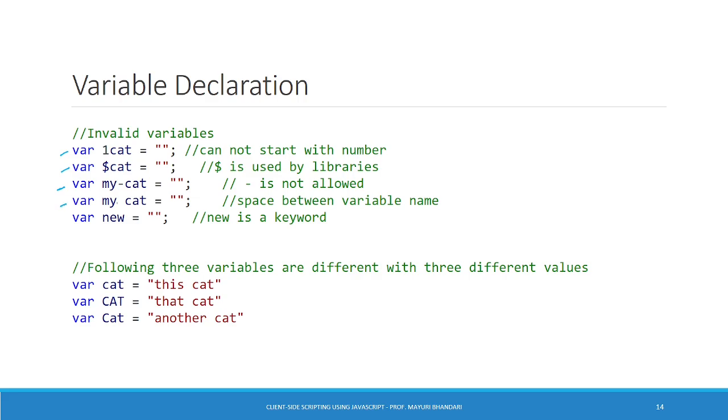This is invalid because this variable name contains a space in between, and this is invalid because new is a keyword, which we cannot use for variable declaration. And these all three variable names are different because, as I said, JavaScript is case sensitive, so small case and capital case will define two different variables.